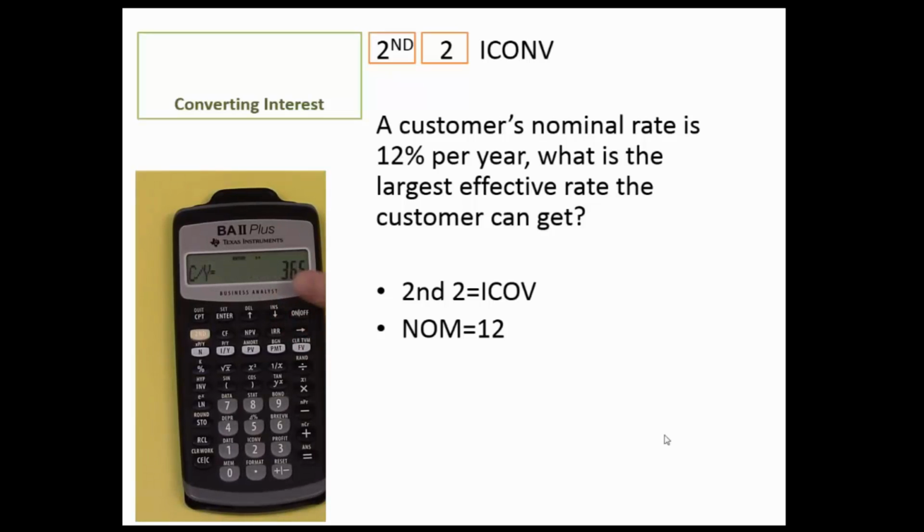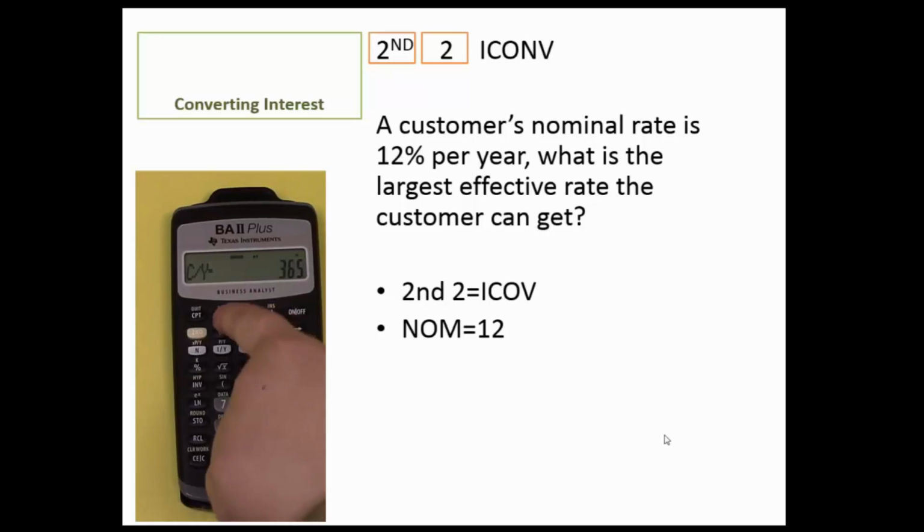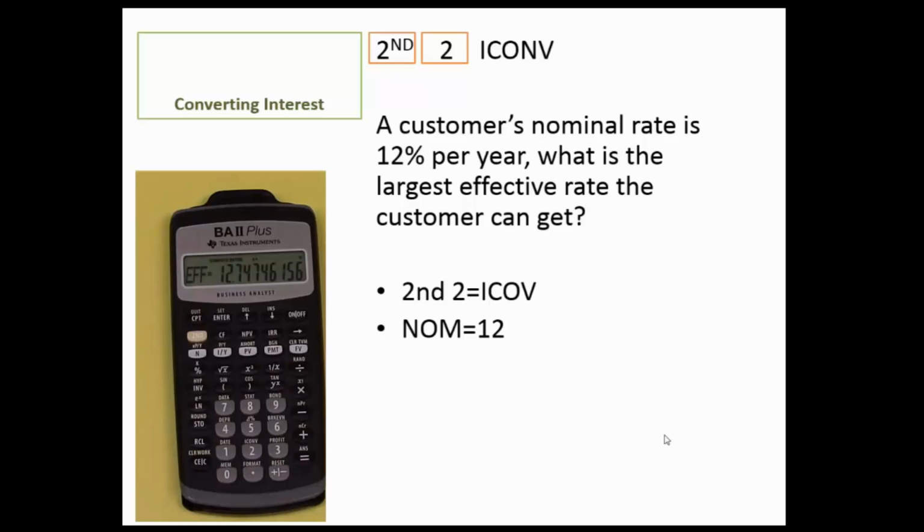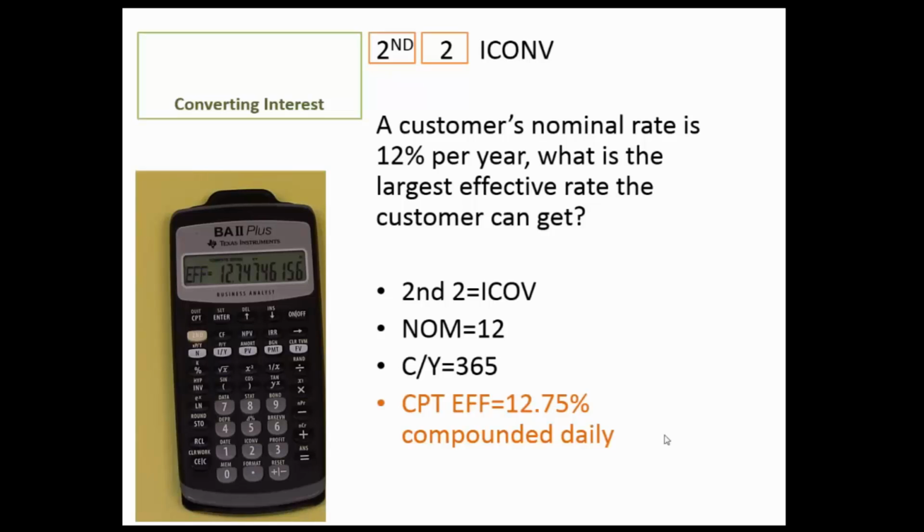Then, change to compounding daily by entering 365. Next, press up and compute, which gives us 12.75% compounding daily.